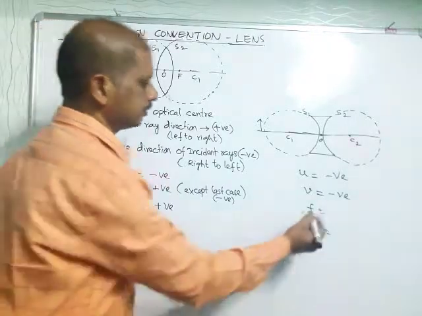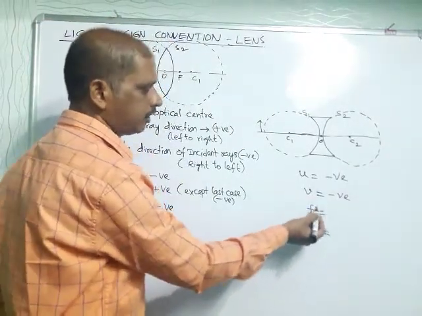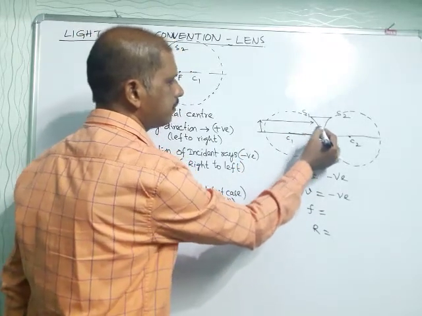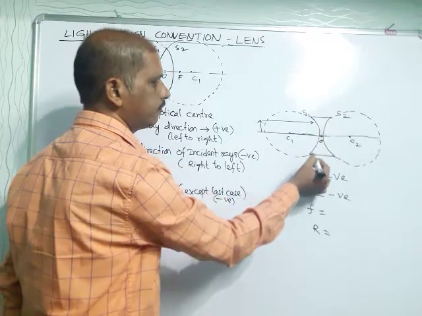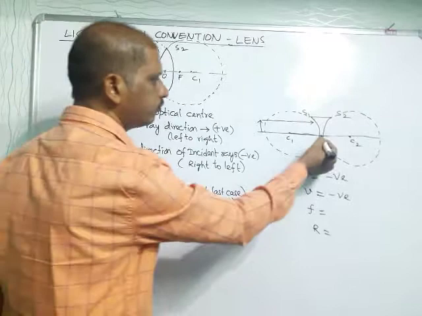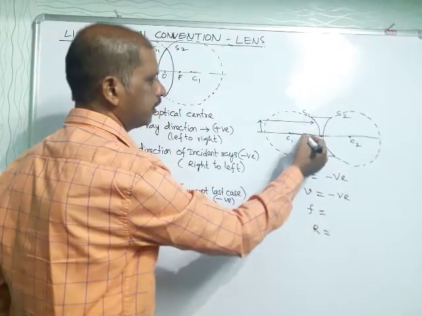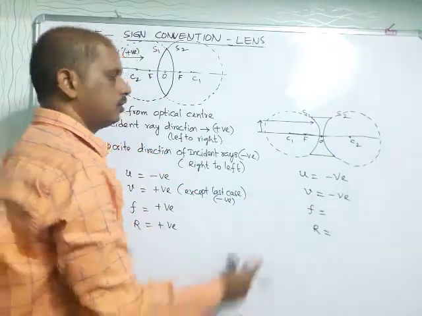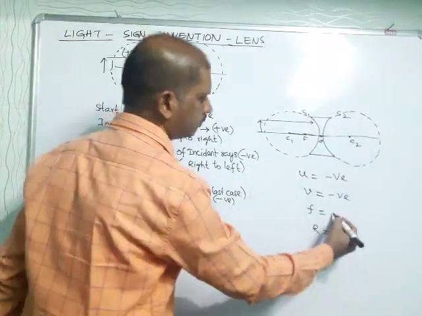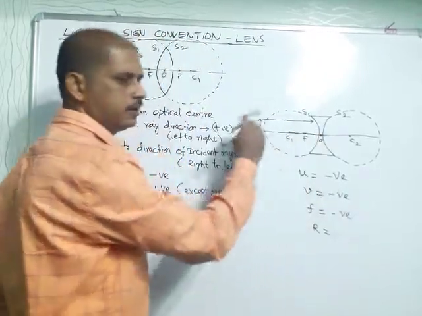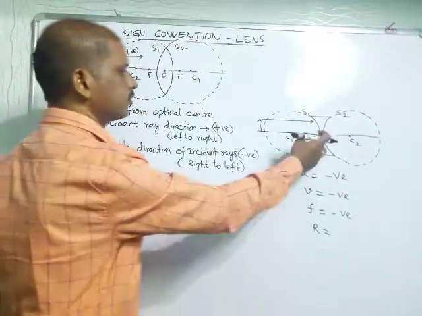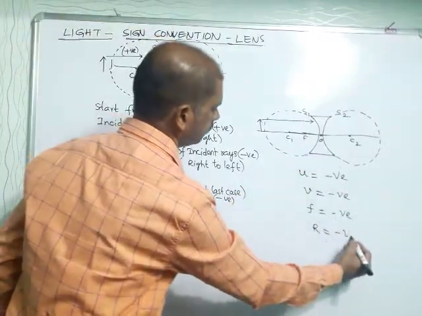What about focal length? The incident rays fall on surface S1, which belongs to this left-side sphere. So you have to move left to find the focal length F, from right to left. So F is negative, opposite to the incident rays, and the radius of curvature is also in the same direction, so also negative.